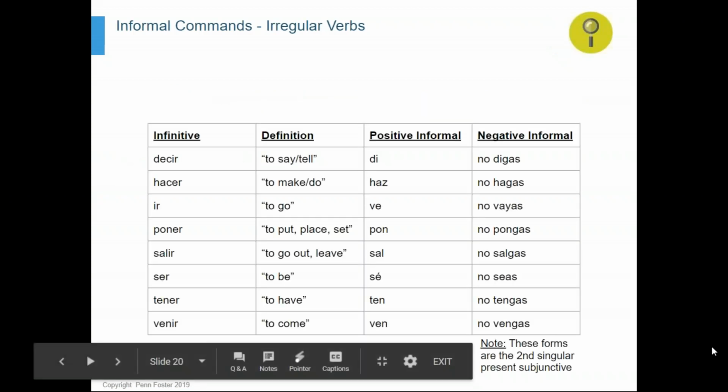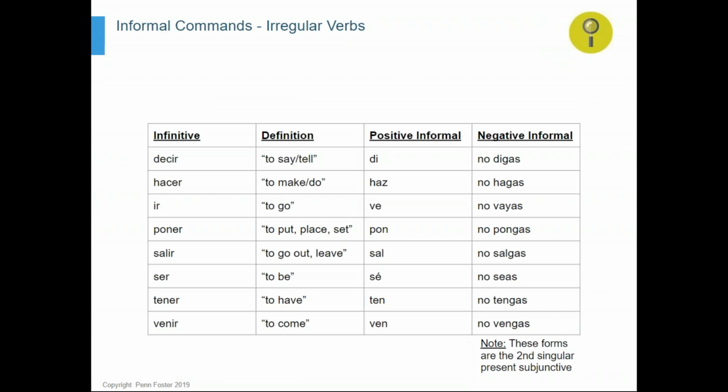All right, and as always, just like the tenses, commands also have irregular verbs. There are 8 irregular informal verbs, shown to you in the first column here, from decir down to venir. To command somebody positively for these, you would use one of these in the third column that have to be memorized.